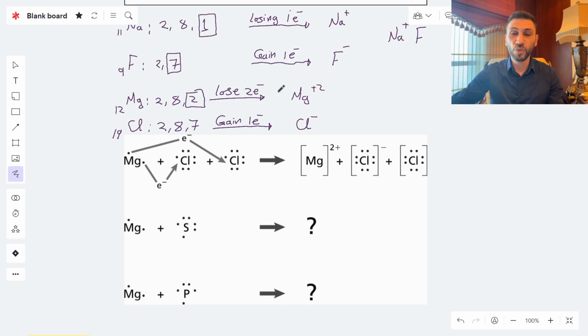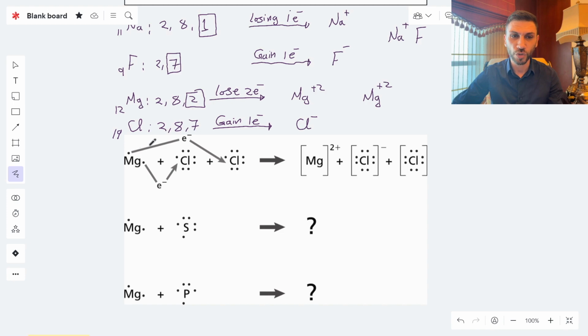Now, to form the ionic compound, all compounds must be neutral. It means that they don't have any charge on them. The overall charge should be 0. But if I have Mg with positive 2, that means I need 2 chloride ions in order to make the overall charge 0. So these are the valence electrons.